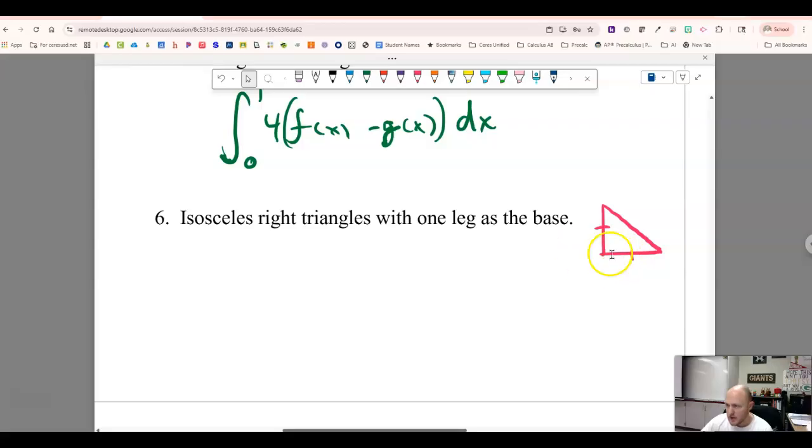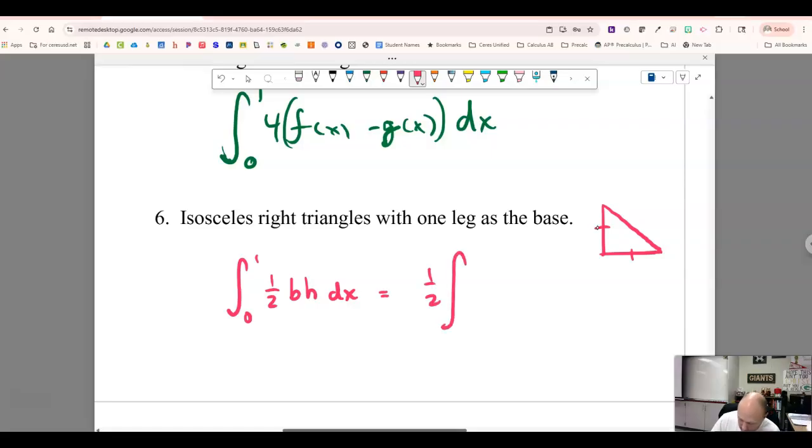So this is the base, and sticking out is going to be the base, which is really the height. So again, I have the integral of 1/2 base times height. This is for a triangle, 0 to 1, dx, okay?